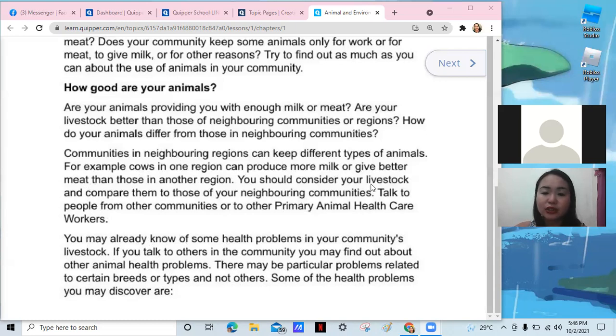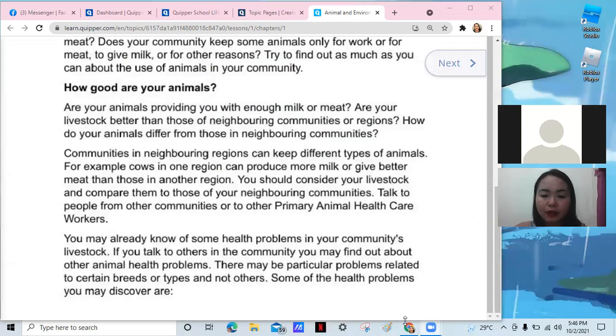So you should also consider comparing your livestock with other neighboring communities and talk to them and other prominent health animal care providers. And then you could also have the opportunity to breed. And what are their health problems, so maybe they are better in terms of management or in terms of breeds and types.